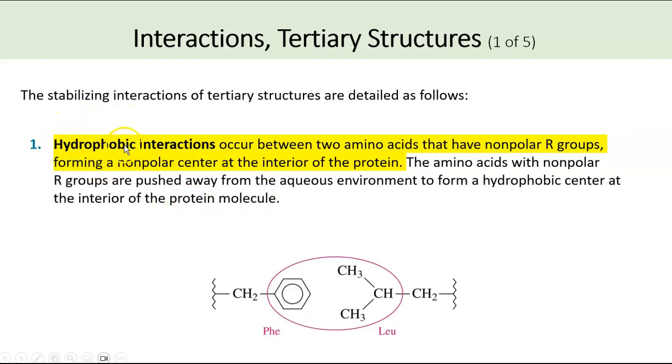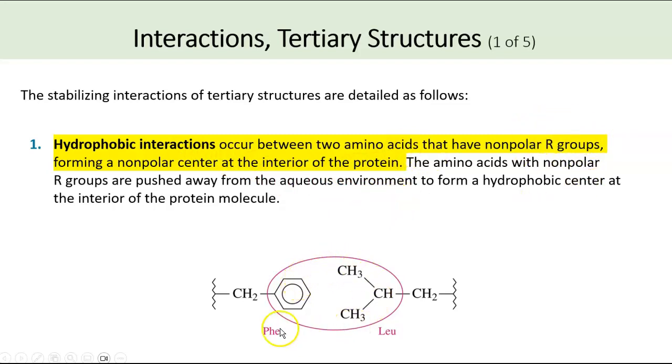Now we know what these hydrophobic interactions are. These occur due to the interactions from non-polar residues. So these are interactions between two amino acids that have non-polar R groups.